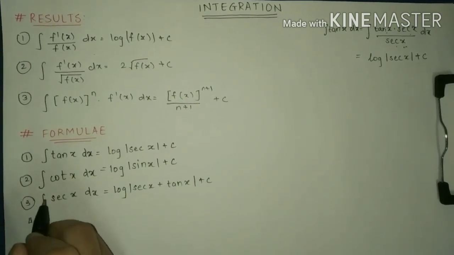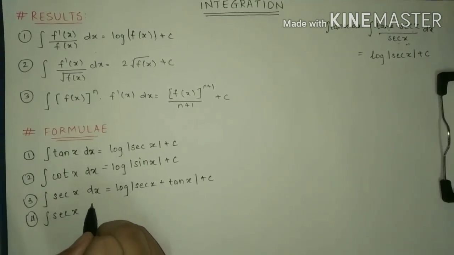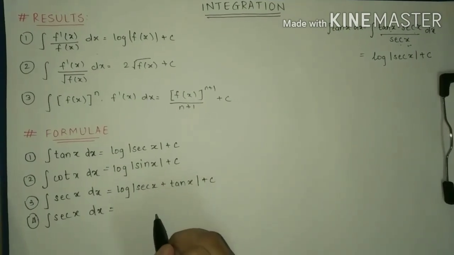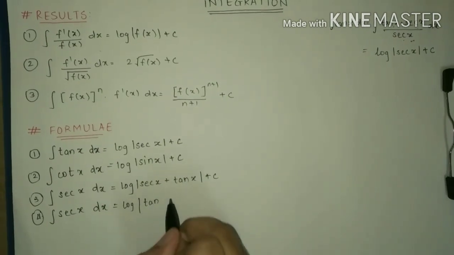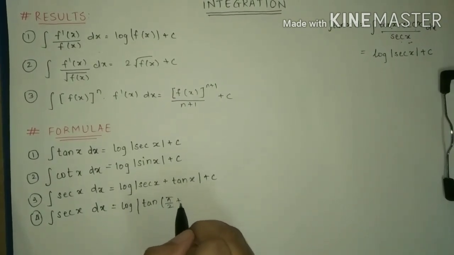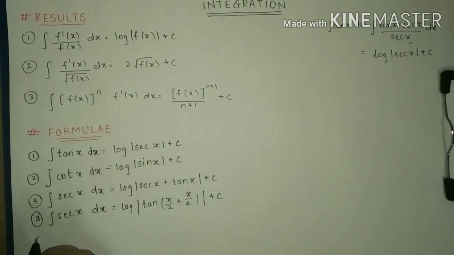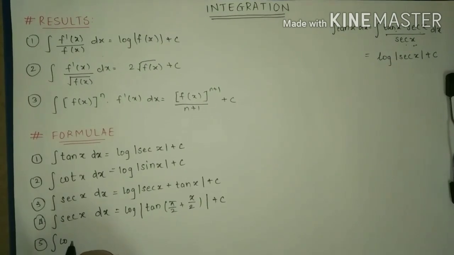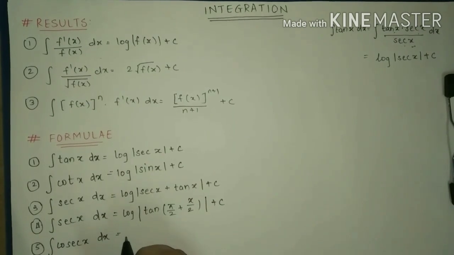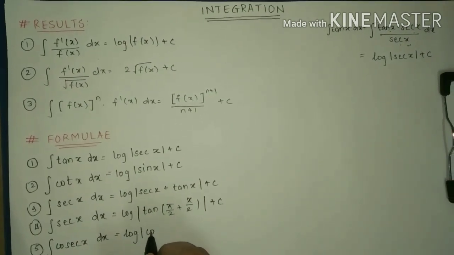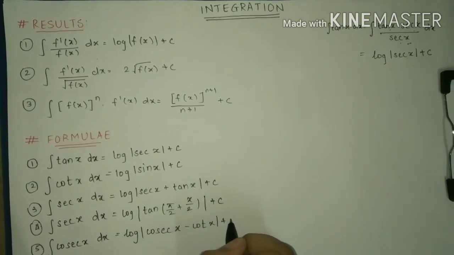We have one more formula for secant x, which is used when we have to verify right hand side and left hand side. So it is log of tan pi by 2 plus x by 2 plus c, and last, for integration of cosec x dx, we have the formula as log of cosec x minus cot x plus c.